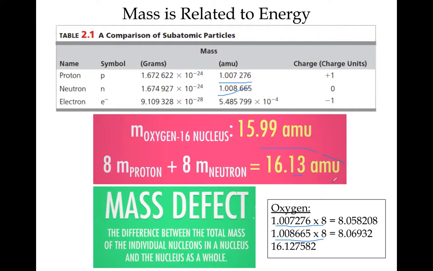So this, and the nucleus as a whole. That right there. Okay? That difference, when you subtract those two from each other, is what we call the mass defect. All right?